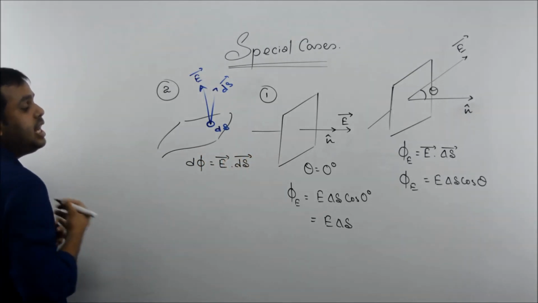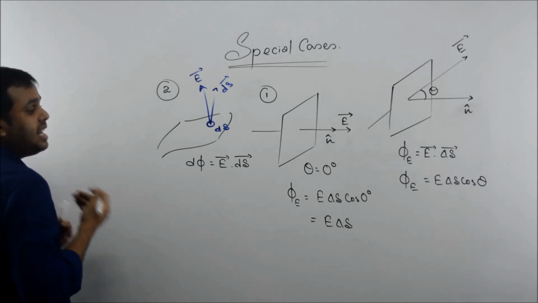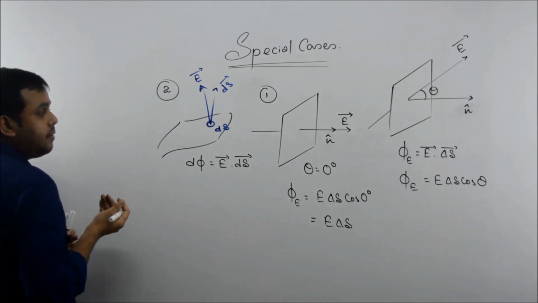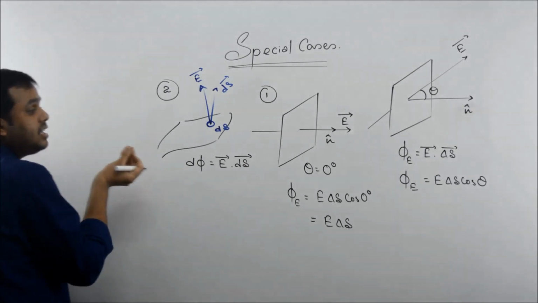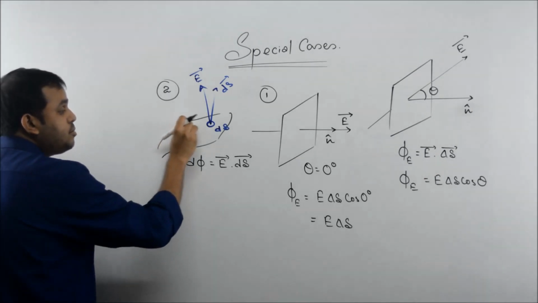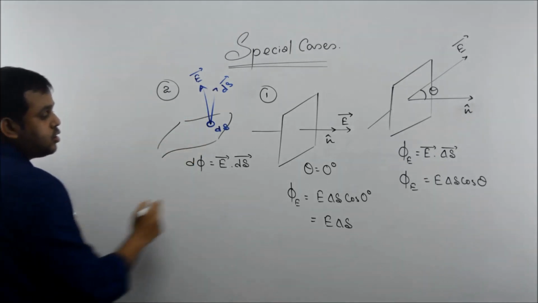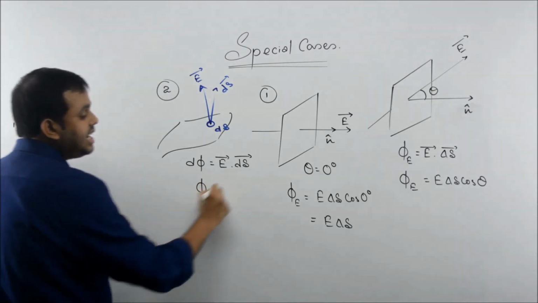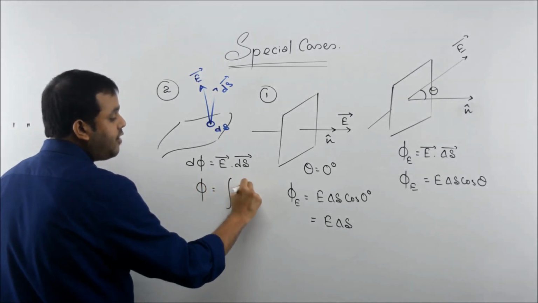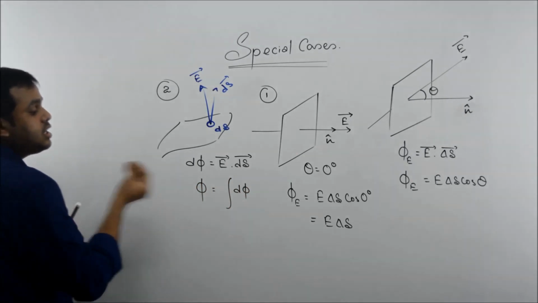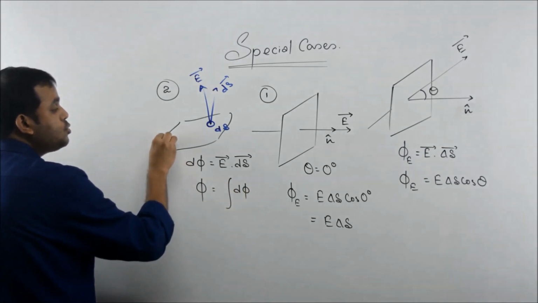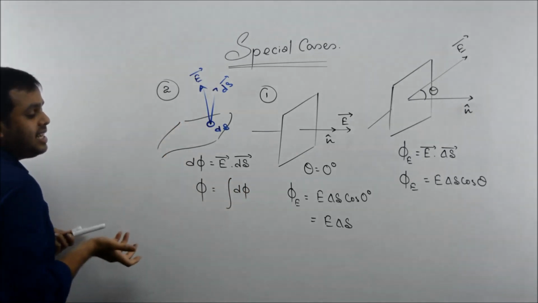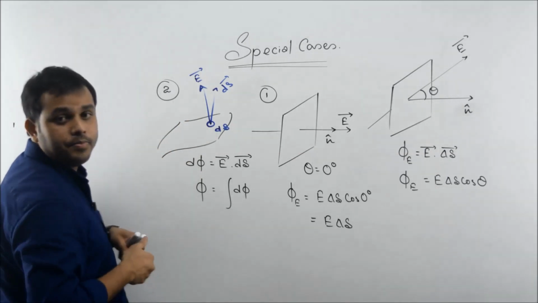Clear, students? Similarly, we can find total electric flux by adding electric fluxes through these small elements. So what will be the total electric flux? It's the integration of these small fluxes through small elements. What is integration? It is basically addition only.